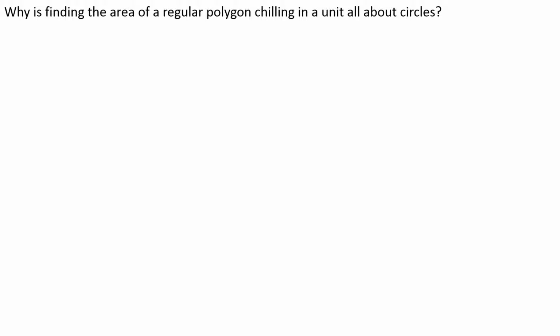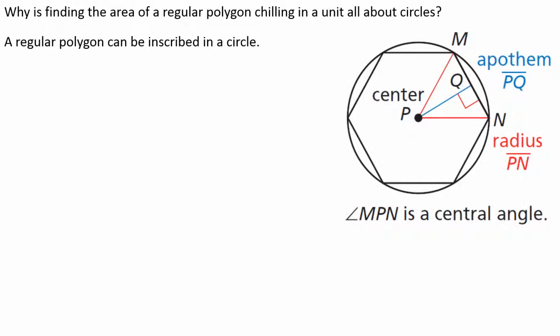Okay, and again, what's this doing in here with all these circles? Oh, take a look at that. If it's a regular polygon, it can be inscribed in a circle.